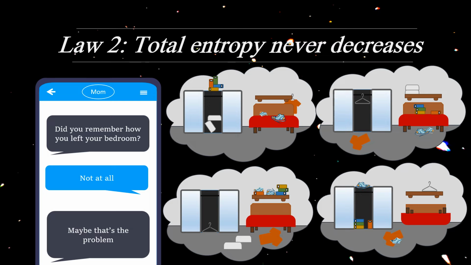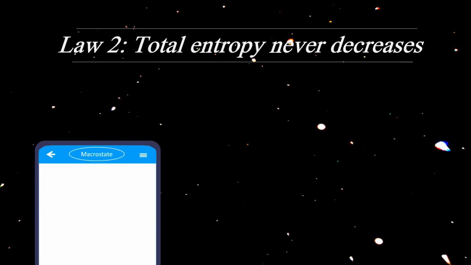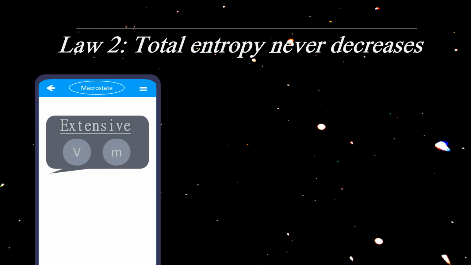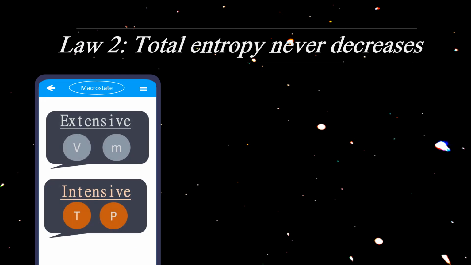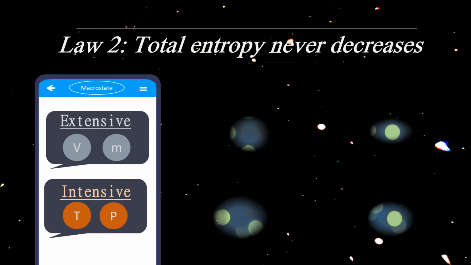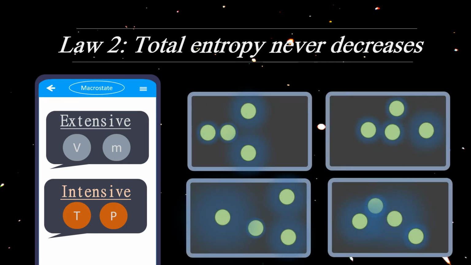Well, the truth is that in thermodynamics, the one that informs us about the situation is what we call the macrostate of our system, which, as already mentioned, is simply defined by the different thermodynamic variables that we can measure. But in the same way the text of your mother can be related with different situations, one macrostate can have many different possible molecule and energy dispositions associated, what we call microstates.